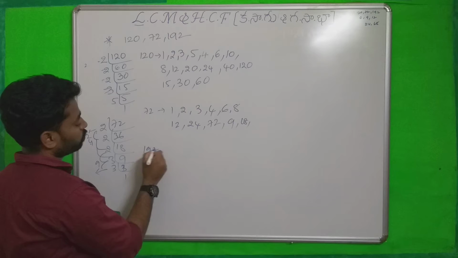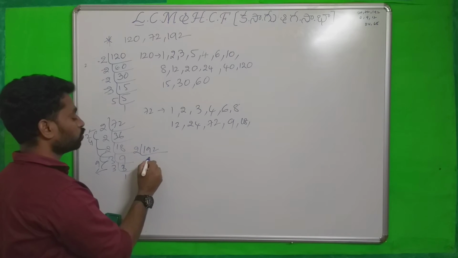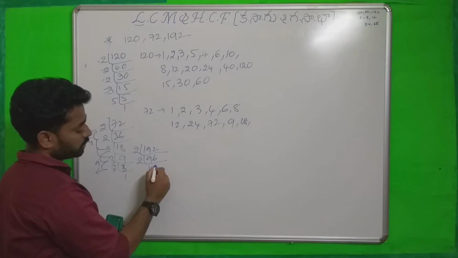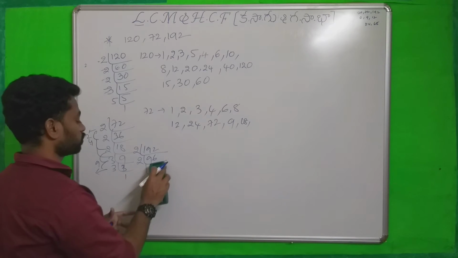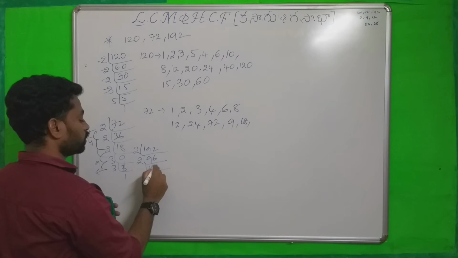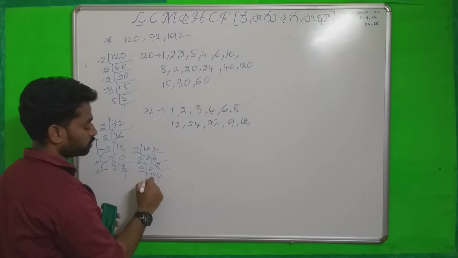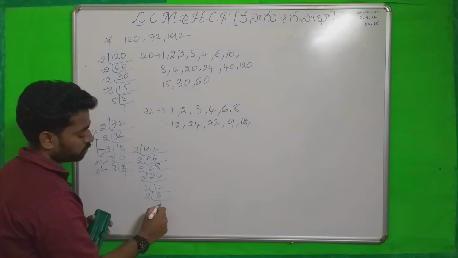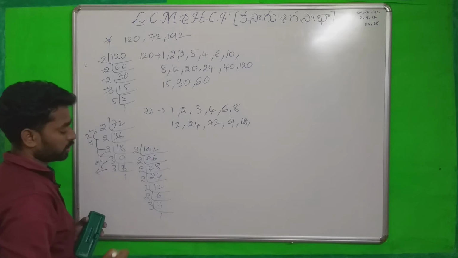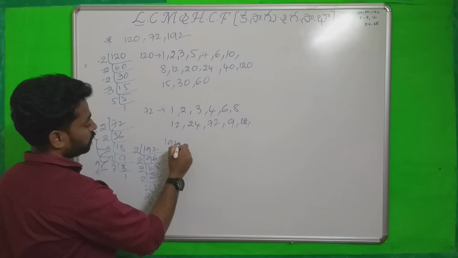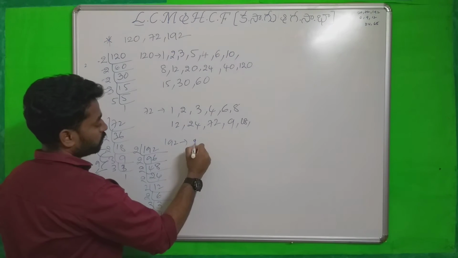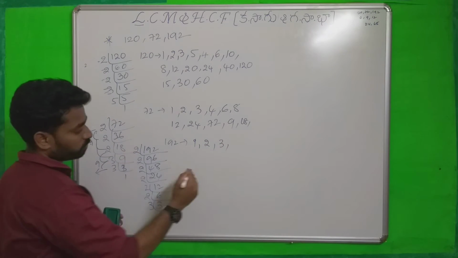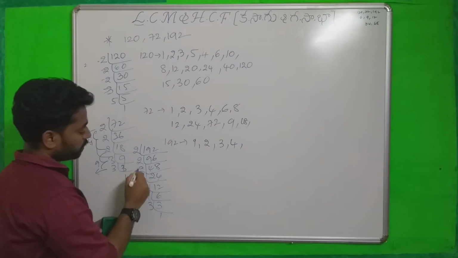And 192 factors: 2 9s are 18, 2 4s are 8, 2 8s are 16, 2 24s, 2 12s, 2 6s, 2 3s, 3 1s. Next, 192 factors. So 1 and 2 and 3, so 2 2s are 4 and 2 3s are 6.